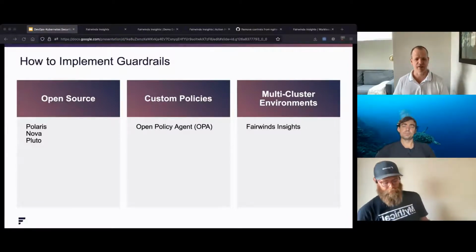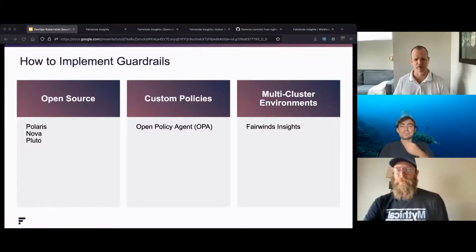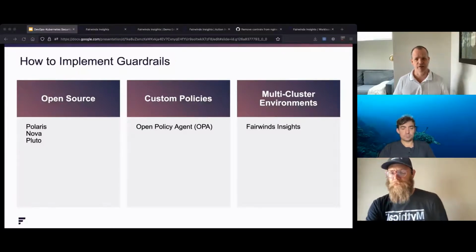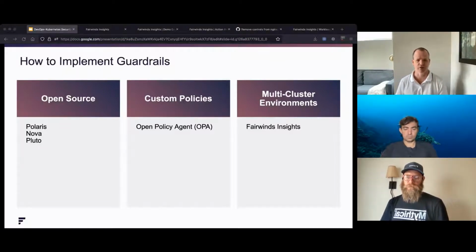It can run as an admission controller on its own. And it can also be run with a dashboard in your cluster to help give you that real-time visibility. And we have a number of checks built into Polaris for a lot of the things we've been talking about here today, running as root, allowing privilege escalation, etc.